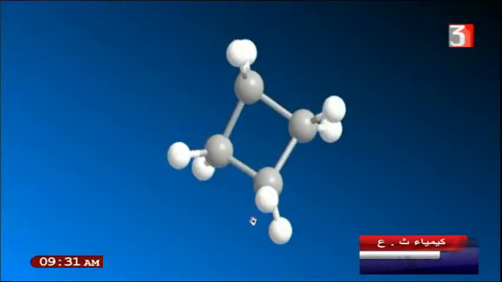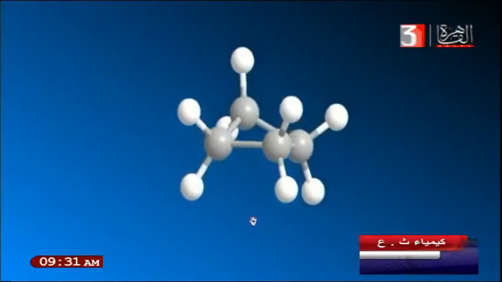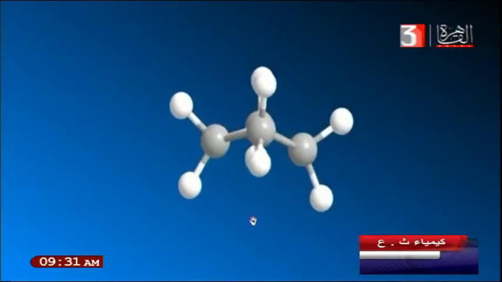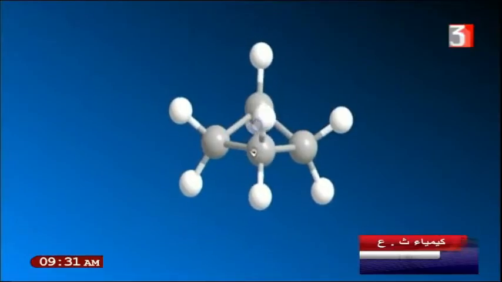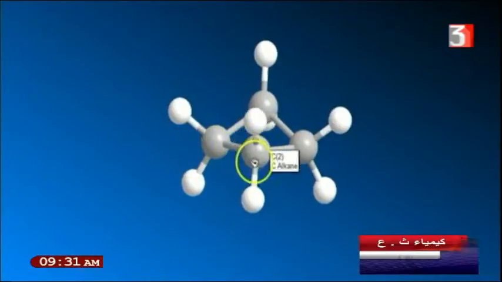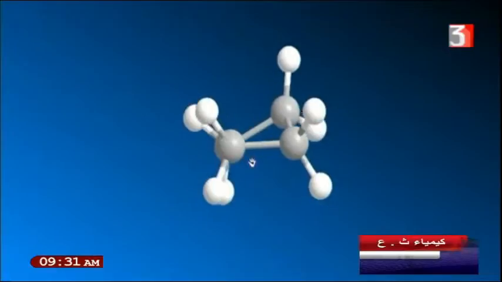This cyclic shape means the carbons are closed to each other. It means the carbons are matched with what? With hydrogens. All the time it moves.